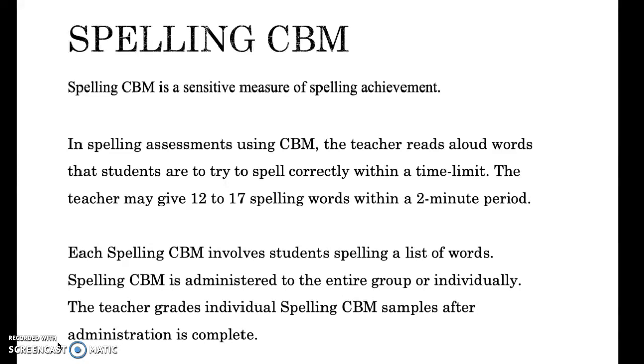Each spelling CBM involves students spelling a list of words. Spelling CBM is administered to the entire group or individually. The teacher grades individual spelling CBM samples after administration is complete.